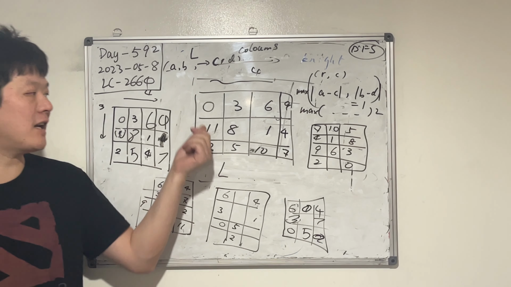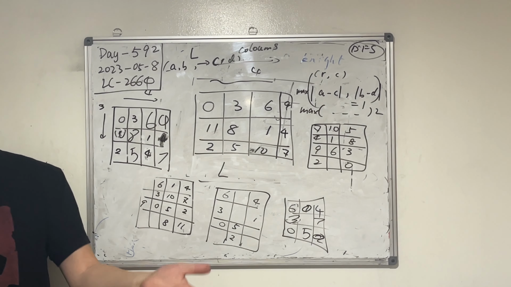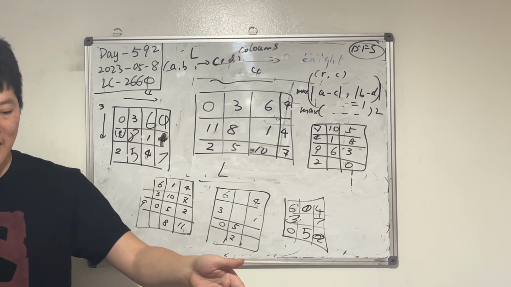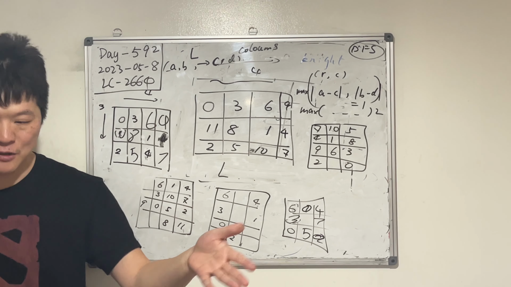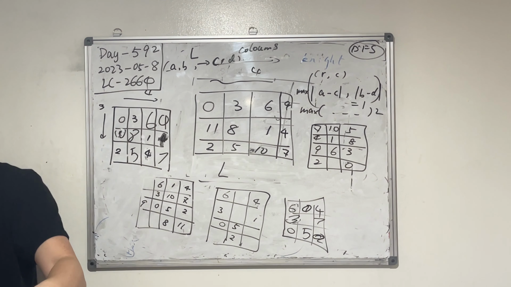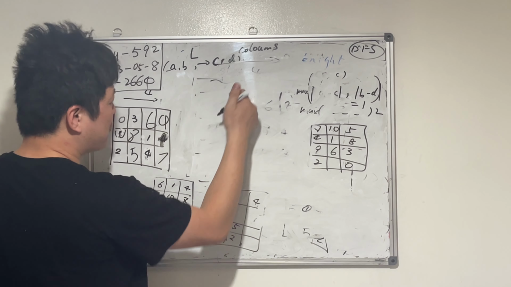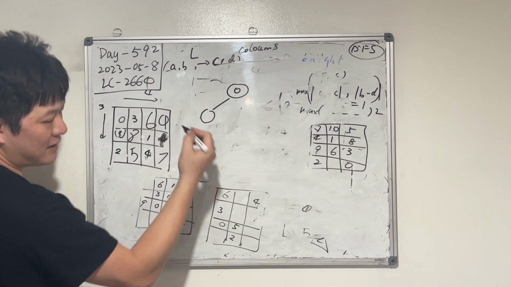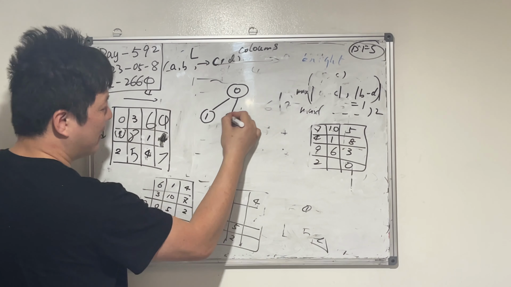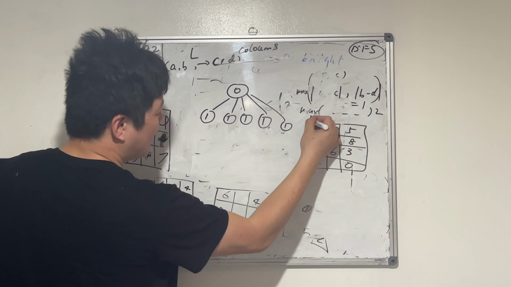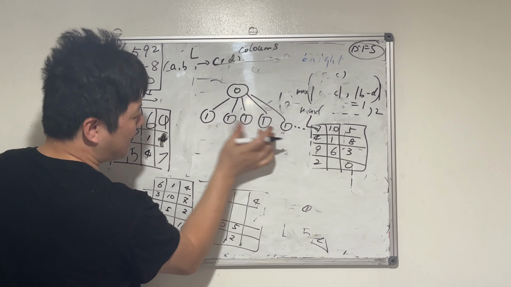Okay, so we put in the number because there are at most 8 possible moves. We can try each of them as the next move. If we find a solution, that's great. If not, then we backtrack and try the next one. The tree will be like that. It's a search tree, right? At the beginning, we start here at 0. In theory, there are 8 possible moves, the L shape, remember the L shape. Maximum 8.